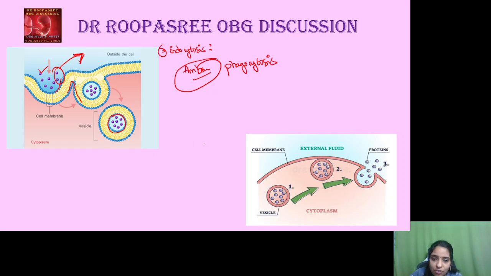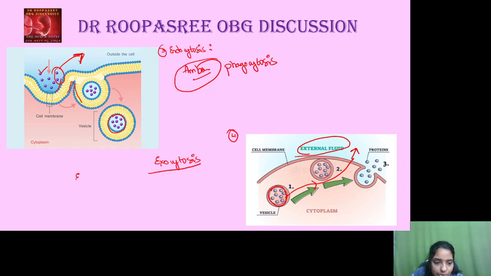And the fourth one is exocytosis. In exocytosis, the molecules which are present inside the vesicle are released as the vesicle breaks, and the content present in the vesicle exits outside. This is exocytosis.